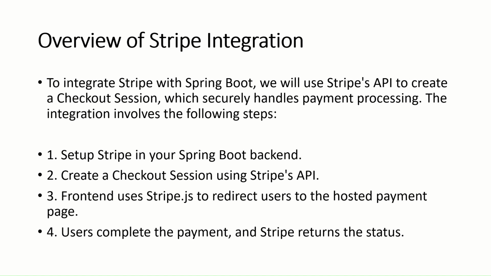So first of all, we are going to create a Spring Boot application, and we'll use the Stripe public and private keys and create an API in our Spring Boot application that will do the real-time payment. And in the front end, we'll create an HTML page and use stripe.js to redirect users to the hosted payment page. Once the payment is done, we'll see the status of the payment.